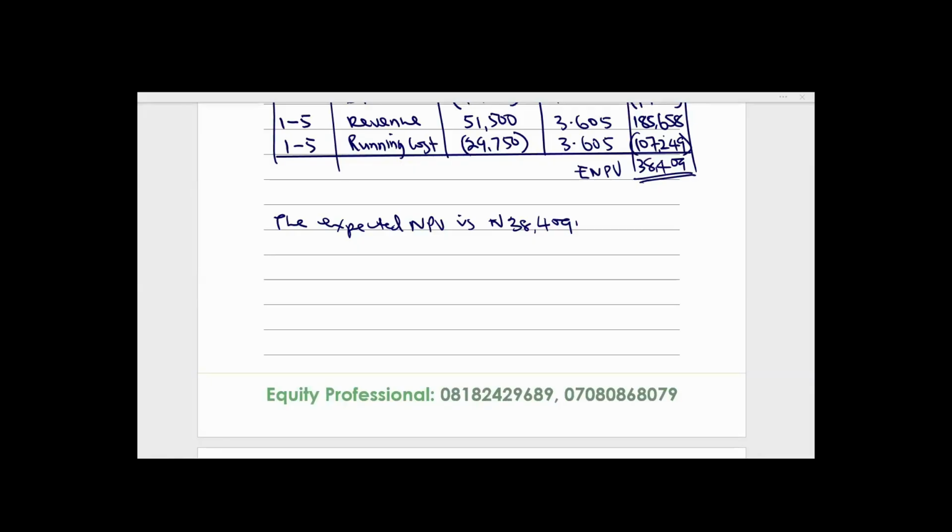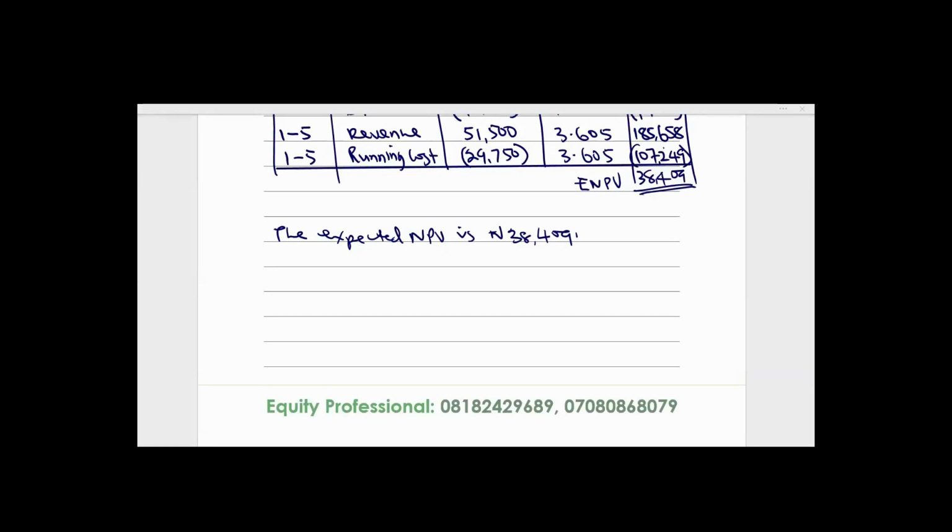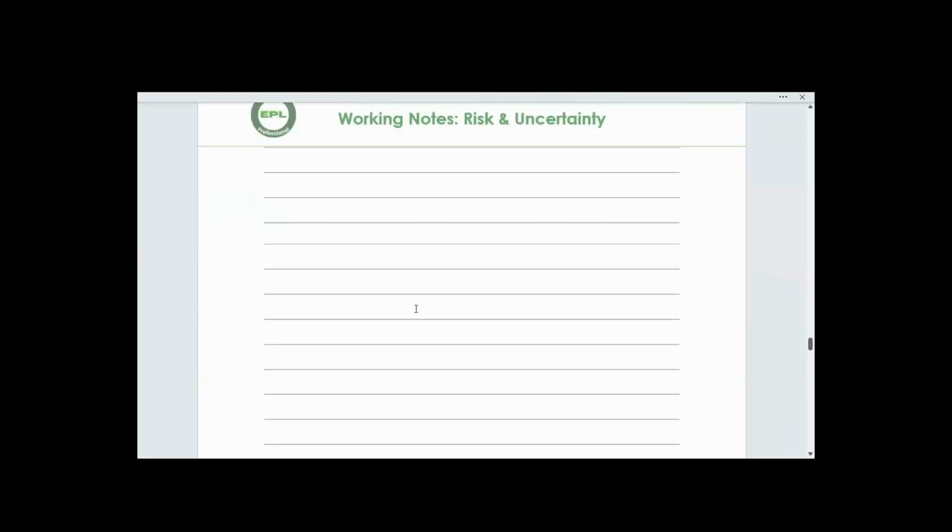In the table given, we have 3 different sets for revenue and running costs, so we are going to calculate 3 different NPVs.